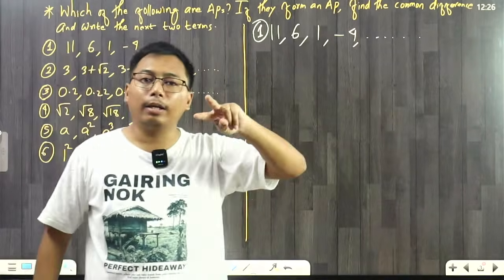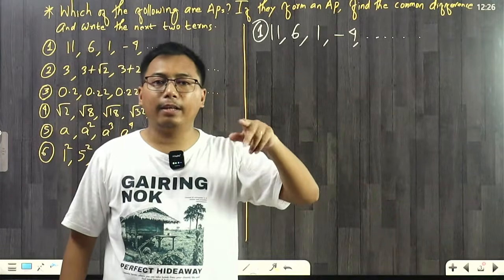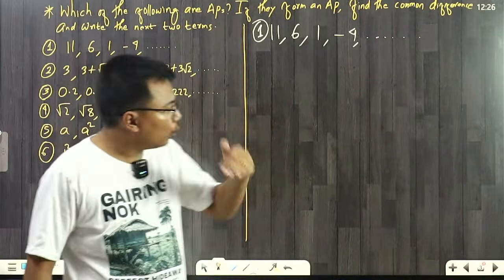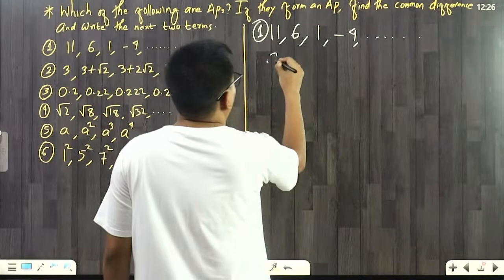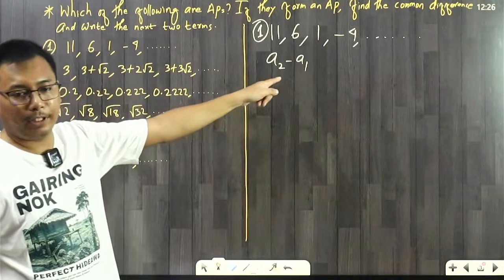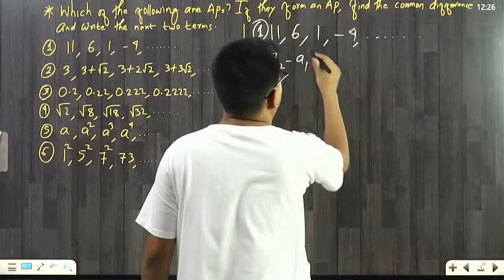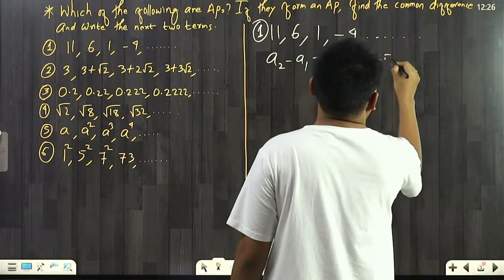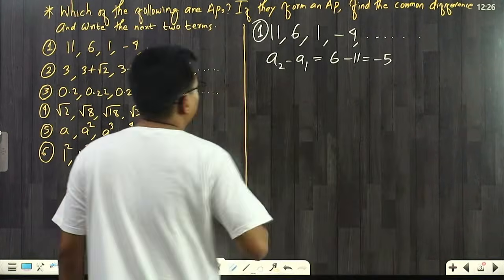We check the differences between two consecutive terms. So first of all, we'll check A2 minus A1. A2 is my second term, A1 is my first term. Second term is 6, first term is 11. So 6 minus 11 will be minus 5.